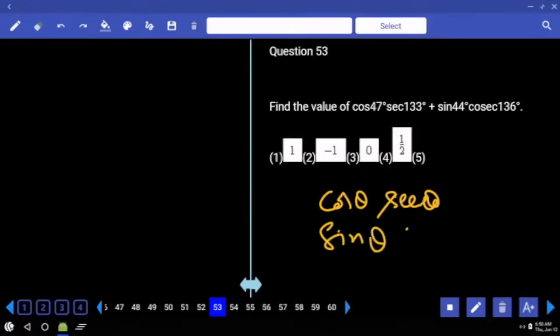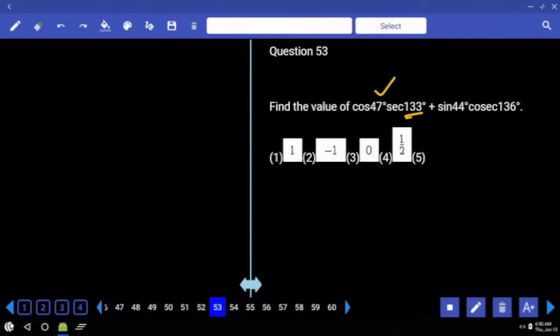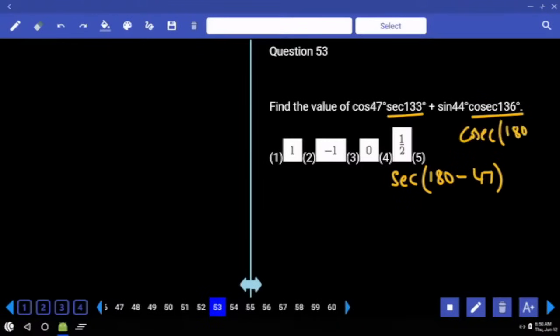Sine theta and cosecant theta, product is 1. Here the theta value we have is 47, but here it is different, this is 44. So you have to try to make both the theta values the same. For that purpose, secant 133, can I write it as 180 minus 47? And this cosecant 136, I will write as cosecant 180 minus 44.